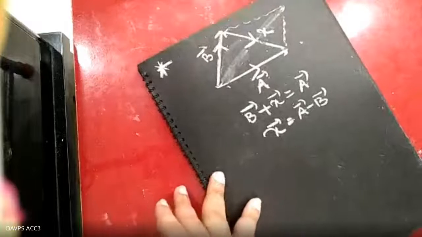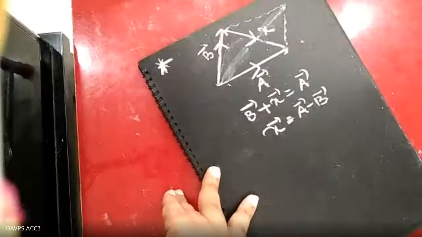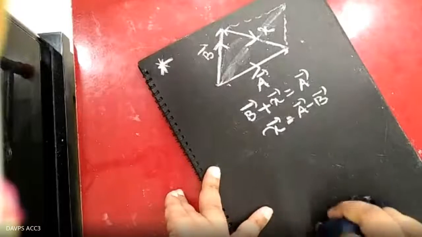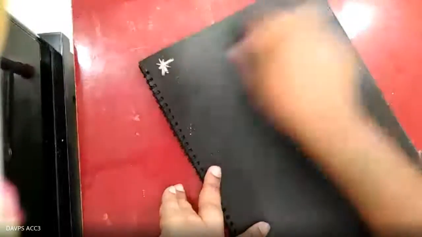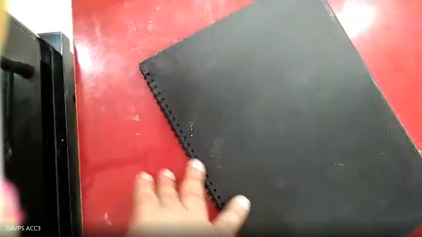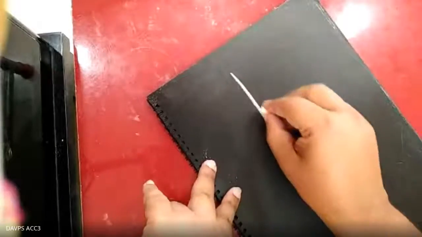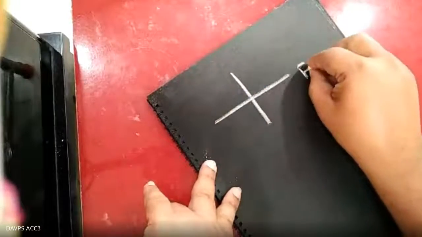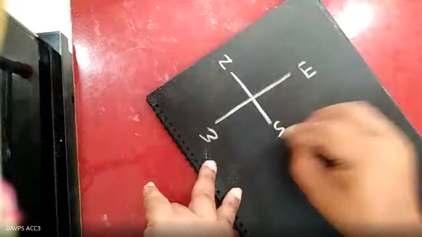And another thing, whenever you are calculating the angle, you may find some problems. Whenever you are solving numericals, you will make this type of mistake. Suppose this is east, west, north, south.